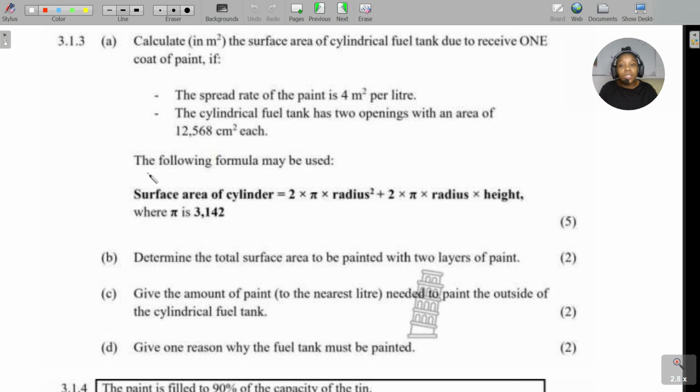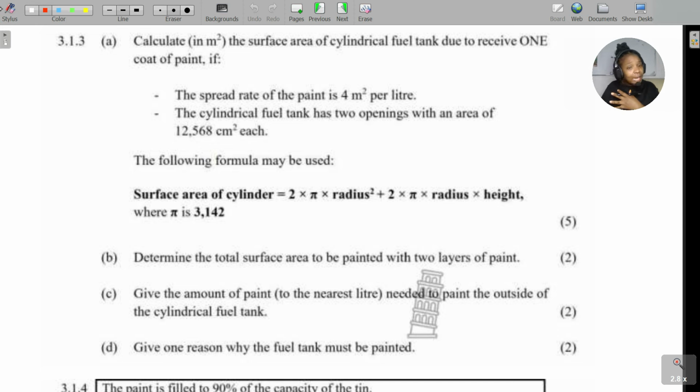They're telling us that the following formula may be used. So they're giving us the formula that we can use to help us calculate the surface area of a cylinder, right? So let's just analyze the information that is given to us there.